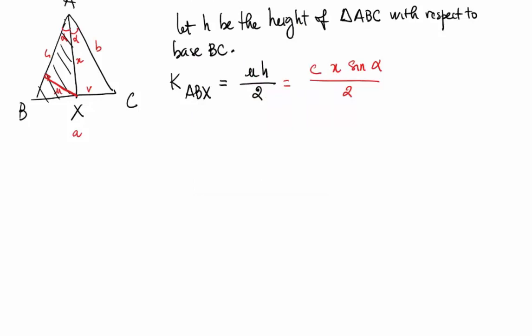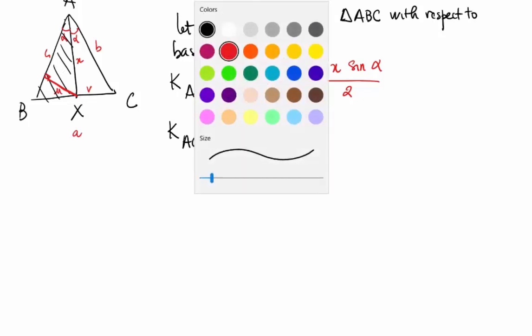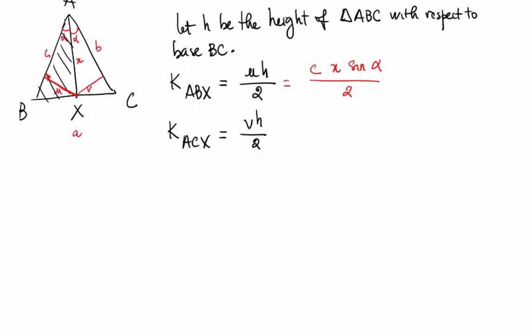Okay. Similarly, the area of triangle ACX is going to be vh over 2. Okay. All right. Now, let me choose this height for our triangle.